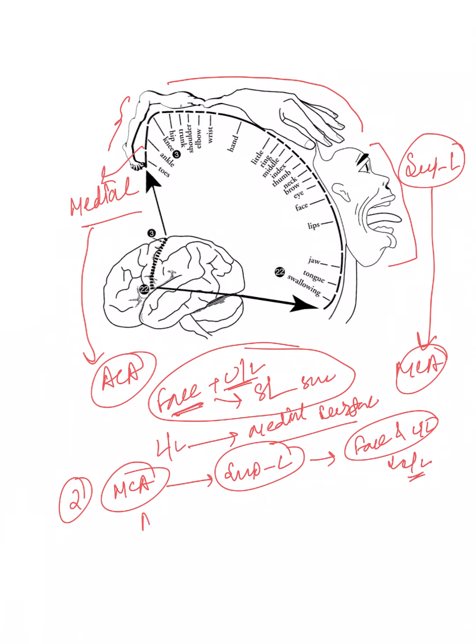If the ACA is involved, the medial surface will be affected, and weakness will be in the lower limbs.